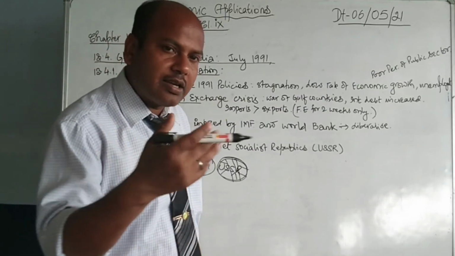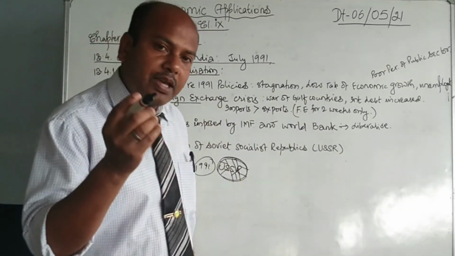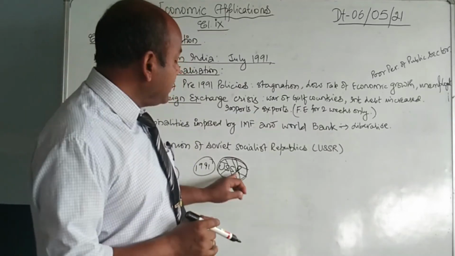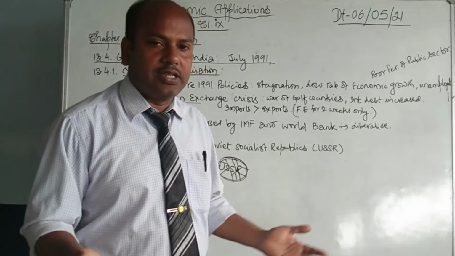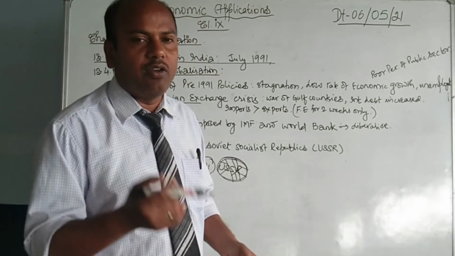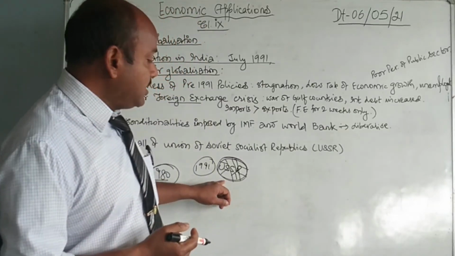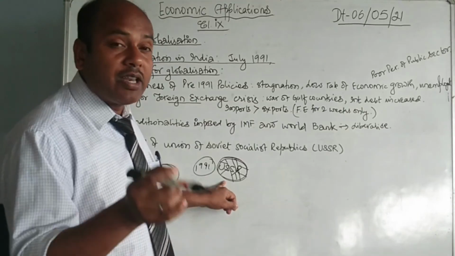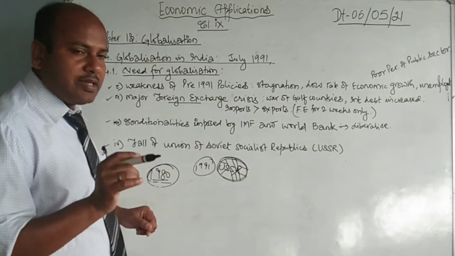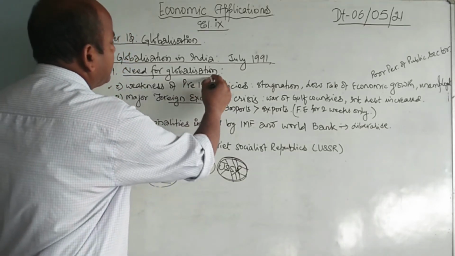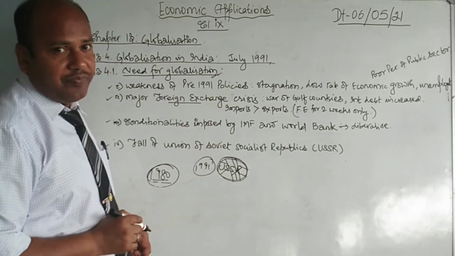We had been selling the consumer goods to them, and we had been making money. We had been earning. But once they disintegrated, each smaller republic had their own policy, so we had to bear a big loss because of their disintegration. And so our income declined. This was also one of the major reasons why we had to globalize our economy.